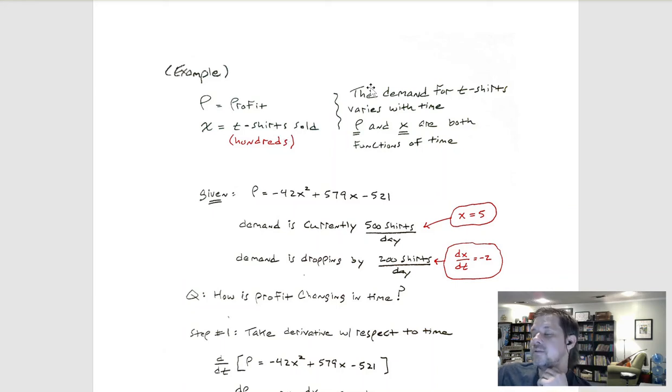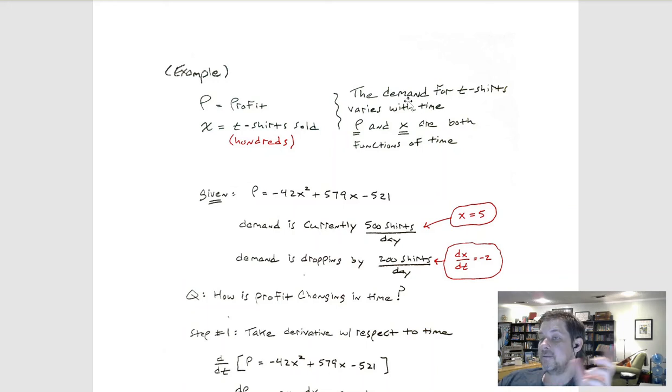And it's also given that the demand for t-shirts varies over time. Okay, so x might be the number of t-shirts sold, but it's not like it's the same number every day. The interest in buying the t-shirts goes up and down, maybe seasonally. There might be all kinds of reasons why the sales of t-shirts go up and down.